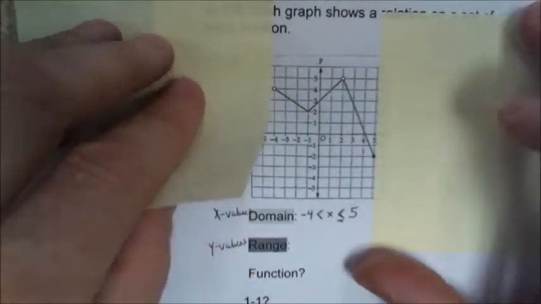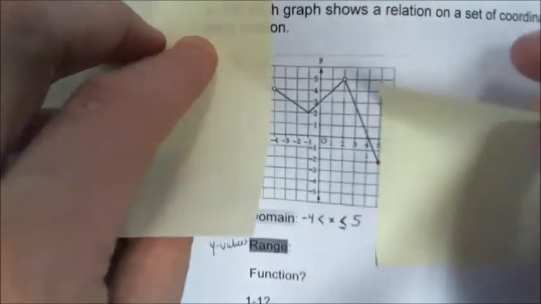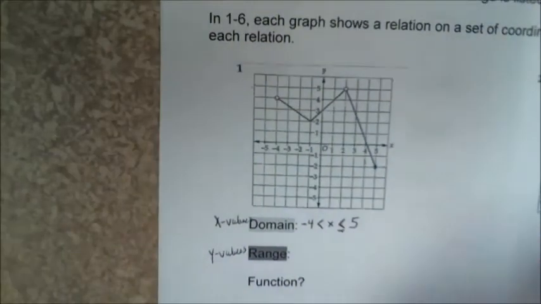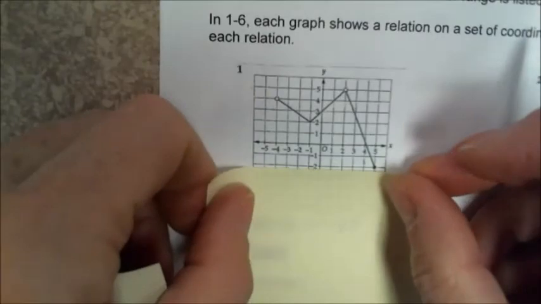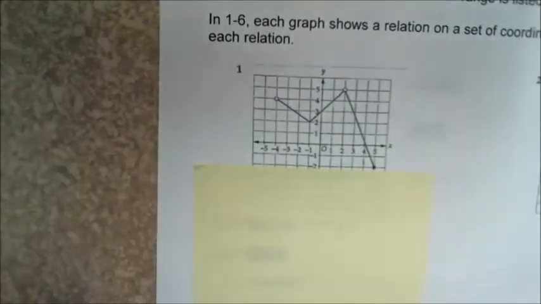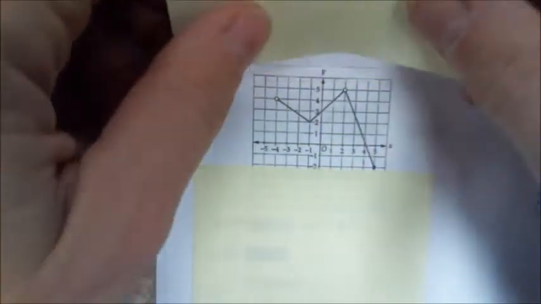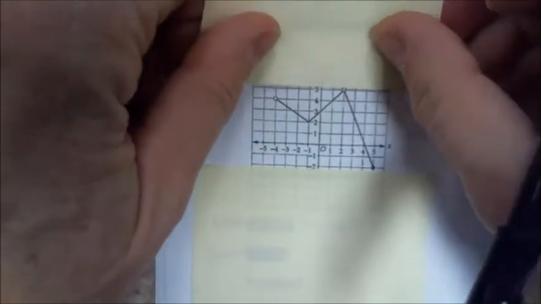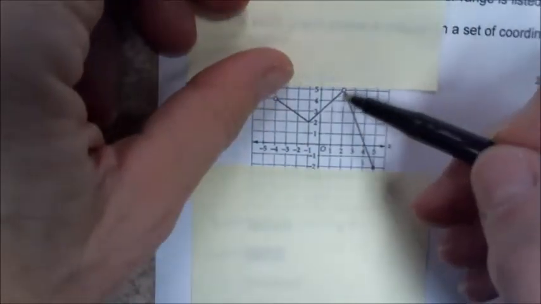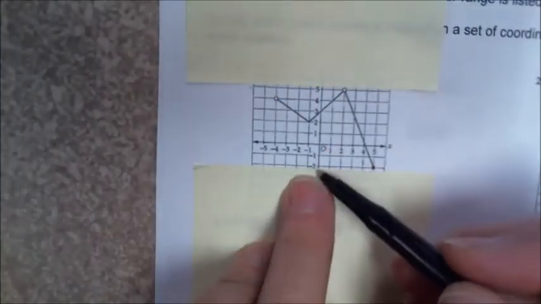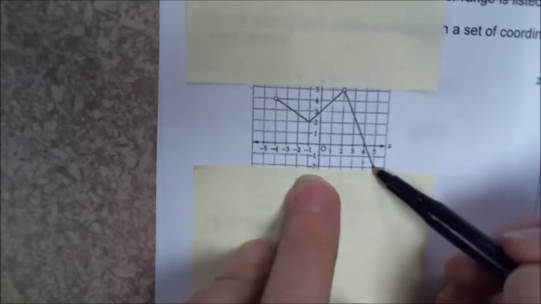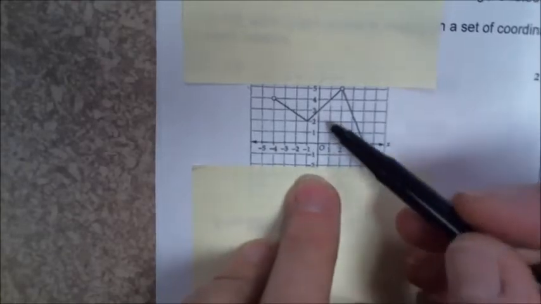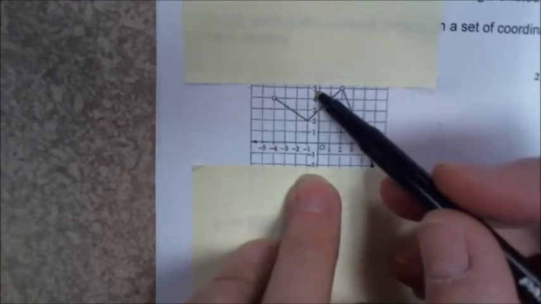Now the range is the y values. So the y values go from lowest to highest. So if I pick the lowest point on here, it would go down here. Now we're looking at the y-axis, not the x-axis. So the range on this graph, here's the highest point right up here. These y values go right down here from a lowest of -2, and it's a closed circle, so I'll have a less than or equal to, and the highest is a 5.